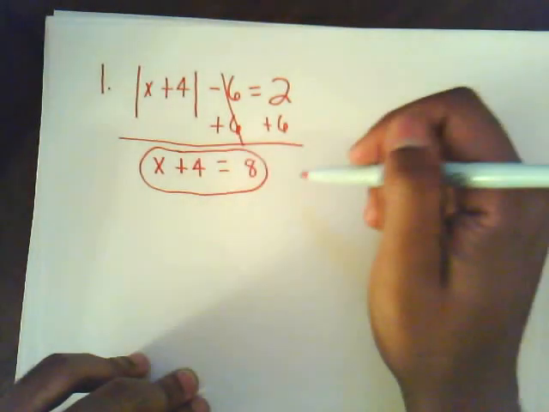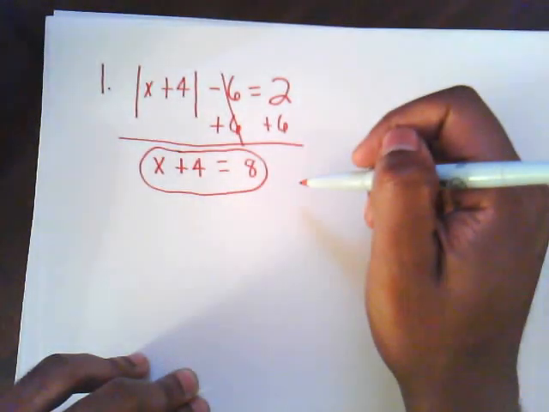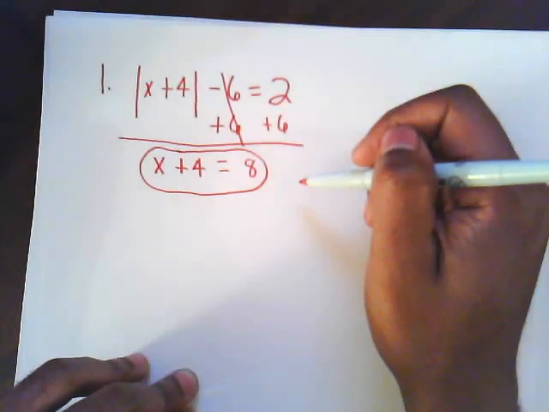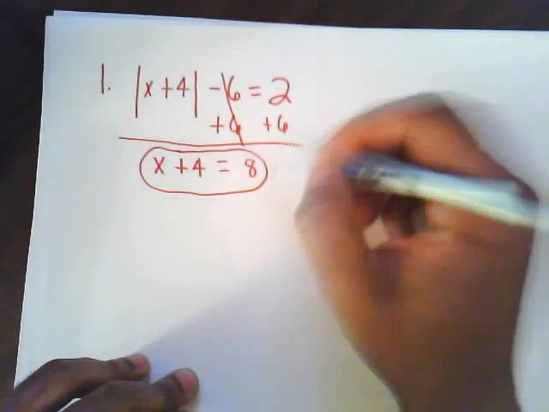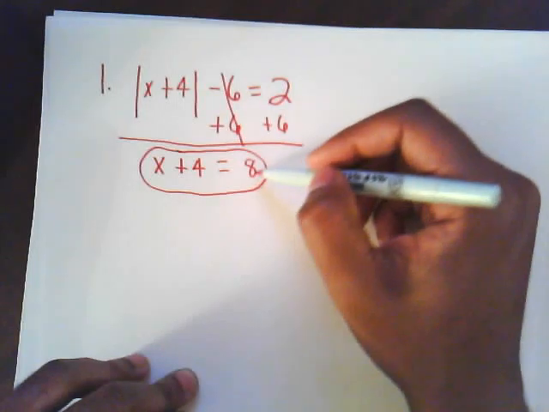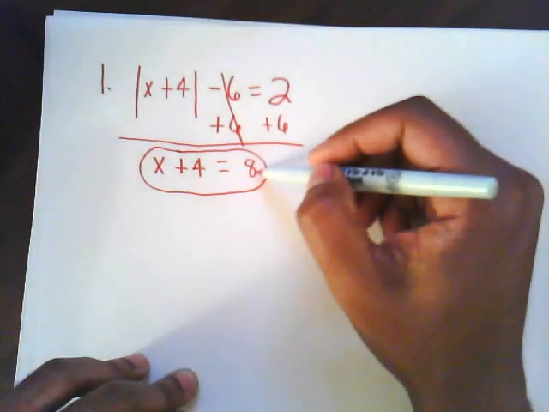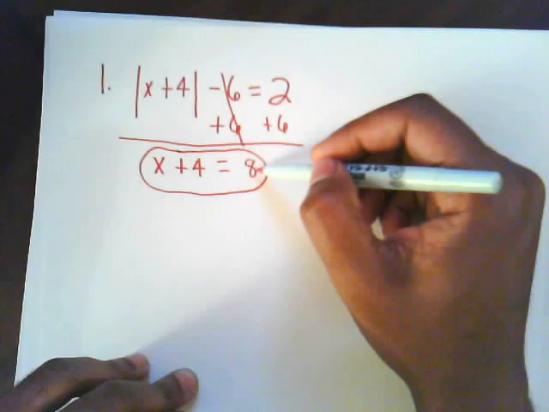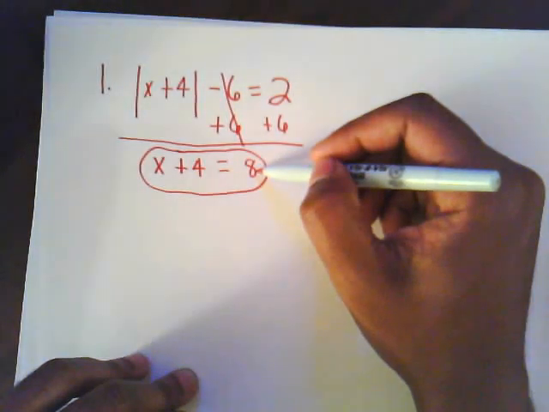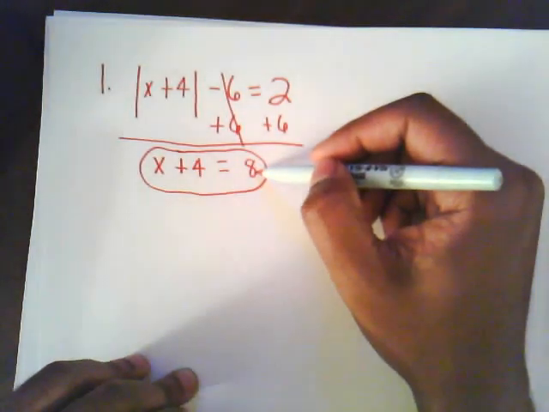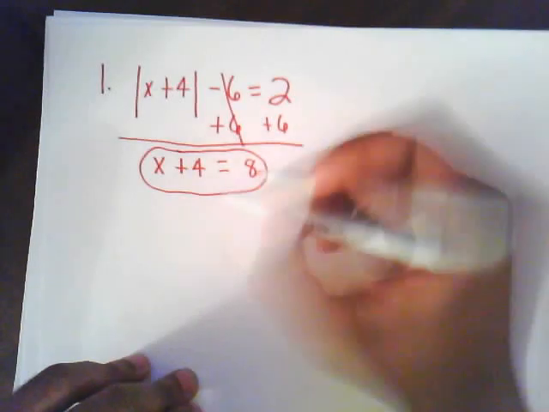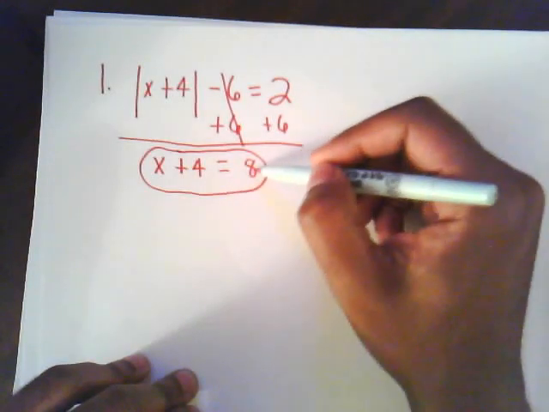And now we're going to look to see what the equation equals. It equals a positive 8. When it equals a positive number, that indicates that we are going to have two answers. So we're going to determine how many answers we need based on what it equals.